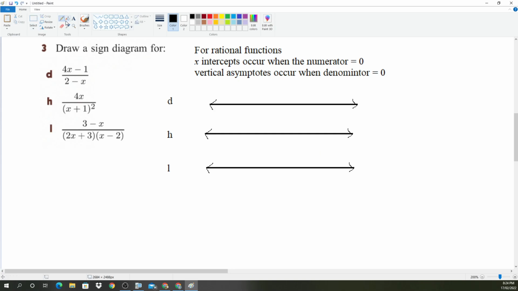Now, we treat those differently. So for an x-intercept, we draw a single dash, and we'll draw a dotted dash for the other ones. So for the first one, if the numerator was equal to 0, 4x minus 1 would equal 0. If we rearrange that, x equals 1/4.